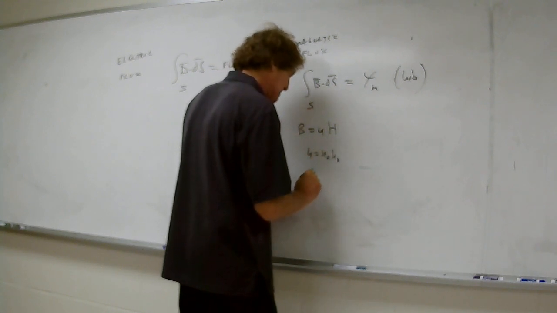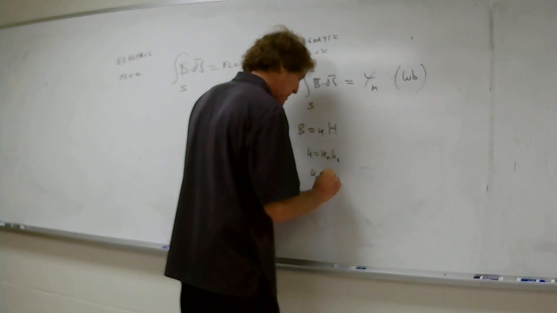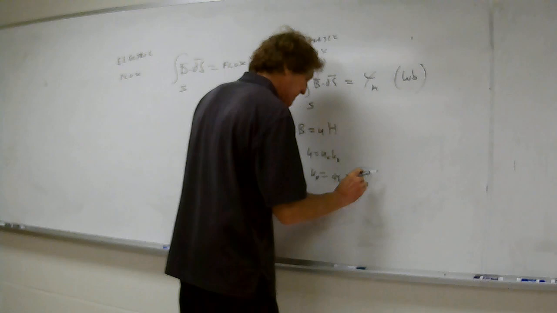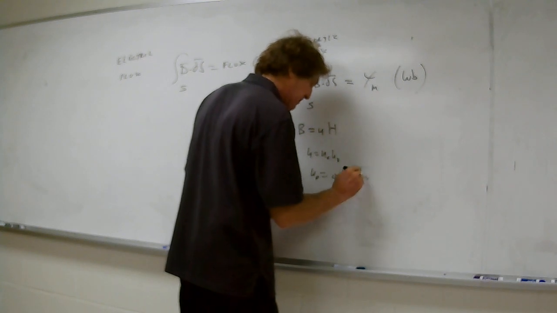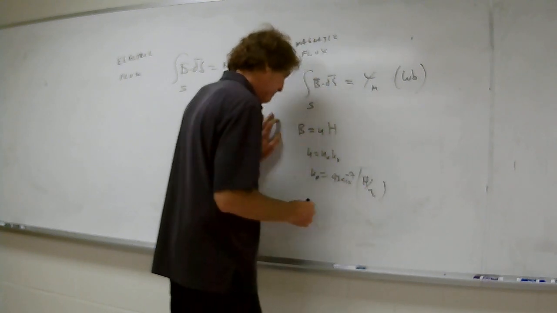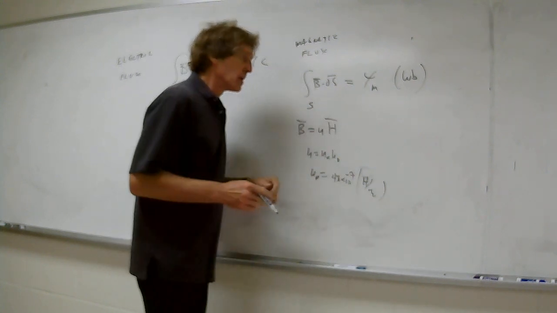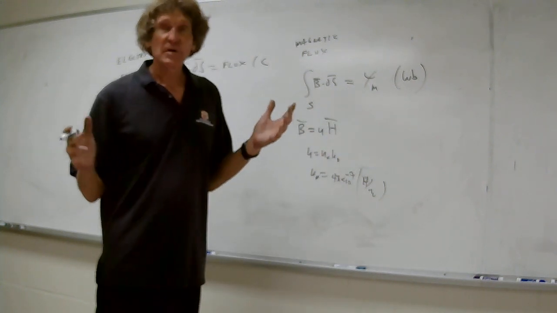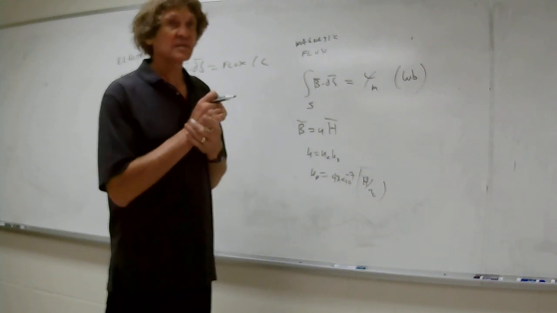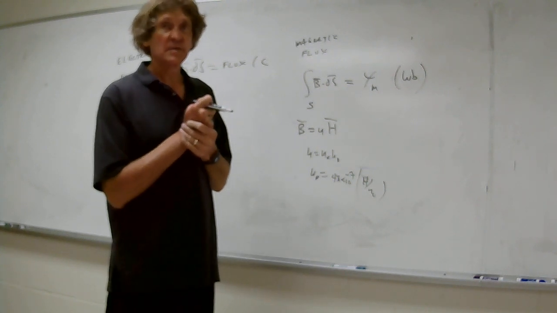Mu naught, from measurements, is 4 pi times 10 to the minus 7th, and this is going to be henries per meter. So, that's all well and good. We're going to see we use this term flux a lot when we calculate inductance.